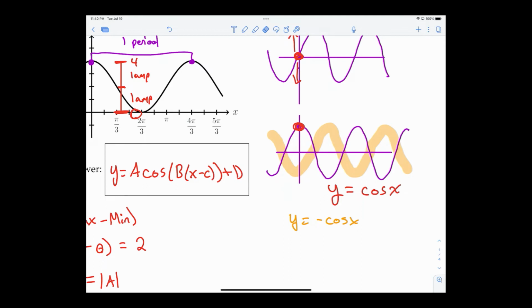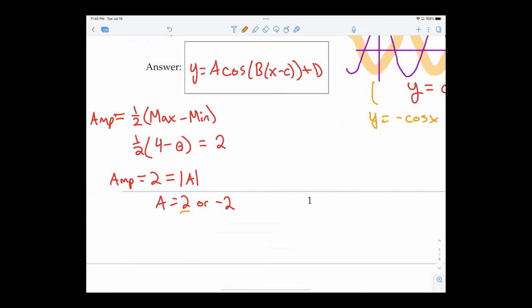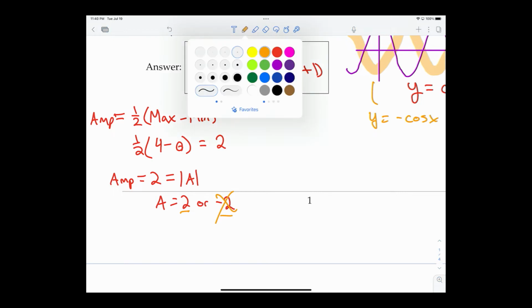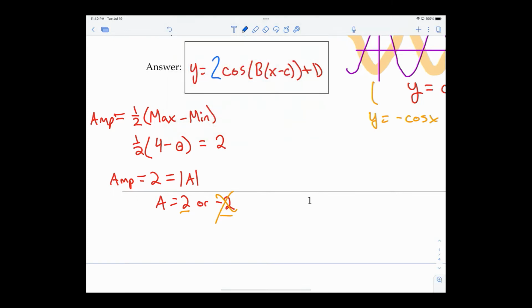So don't make it upside down unless you need to. So even though technically the a could be 2 or negative 2, it's not going to be negative 2. It's just going to be 2. So we can come up here and fill in the 2. All right, so now we have the correct amplitude.